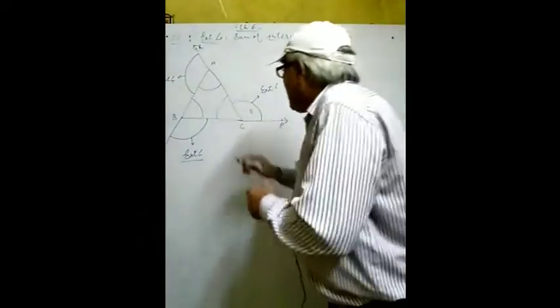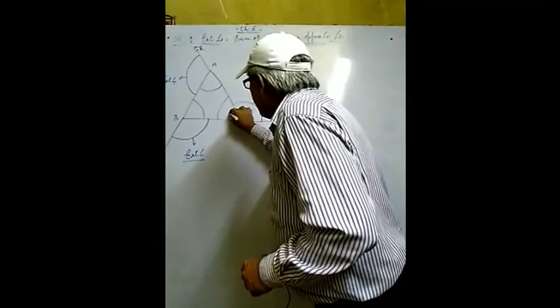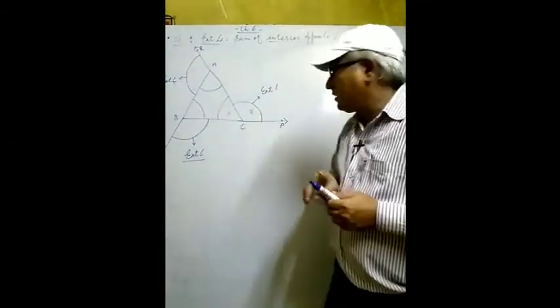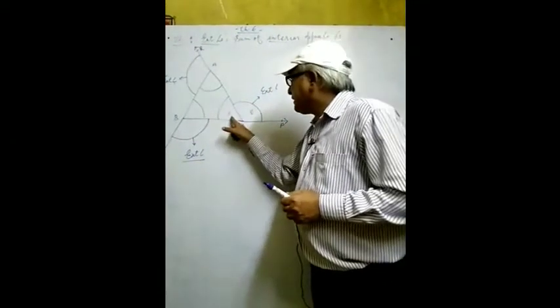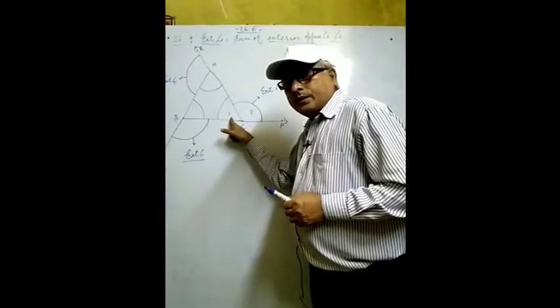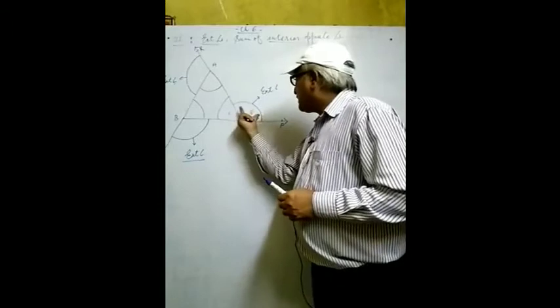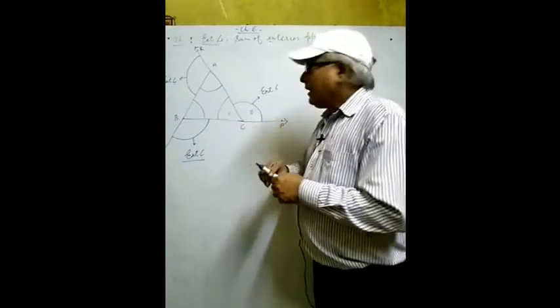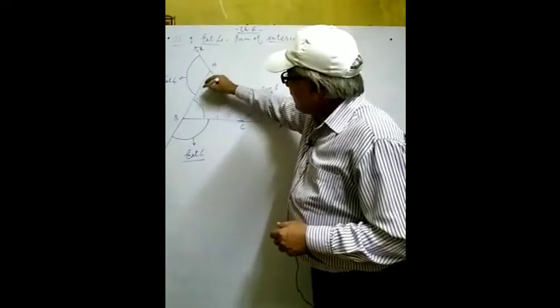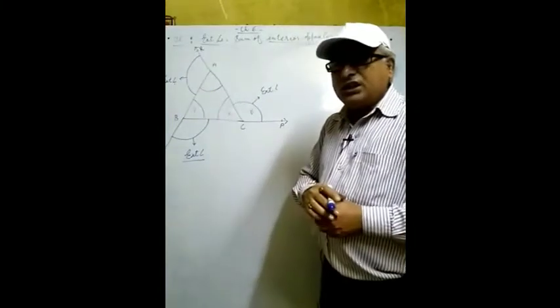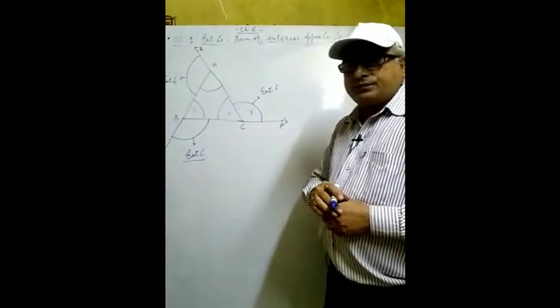So this angle will be excluded from the mind. This angle closest to this exterior angle is excluded from the mind. So for this exterior angle, this one and this one are the interior opposite angles.